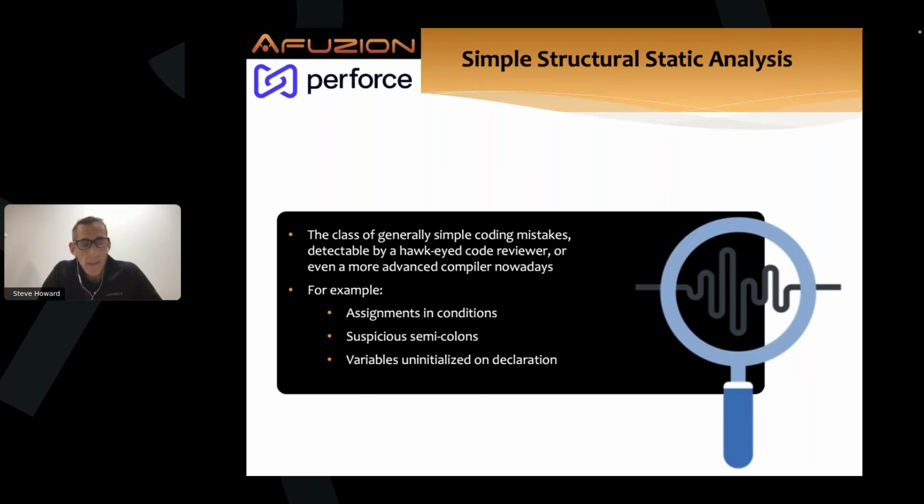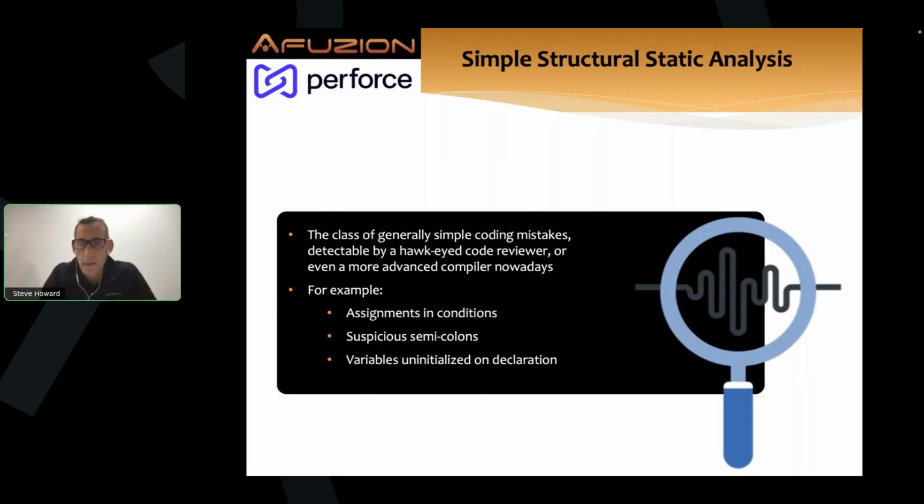Variables that are uninitialized on declaration. Of course, they don't need to be initialized on declaration. They can be initialized as long as they're initialized prior to use, so maybe that's something we would want to detect. But the simple case would be, let's make sure all of our variables are initialized on declaration, and then we won't have a problem. That's what we started with.